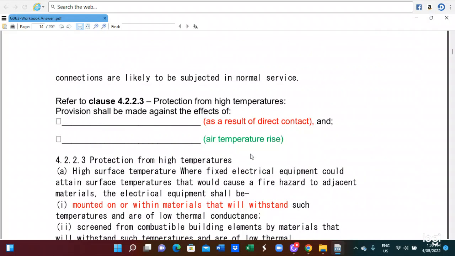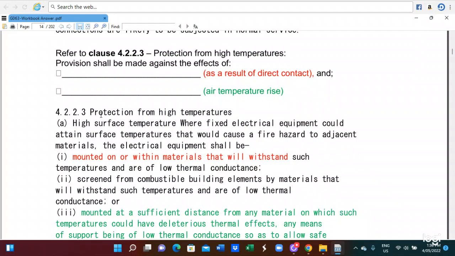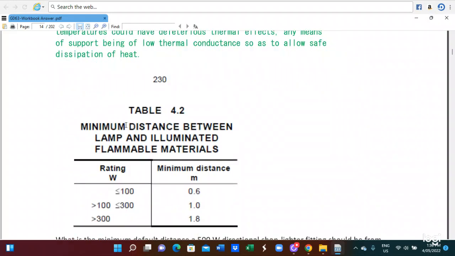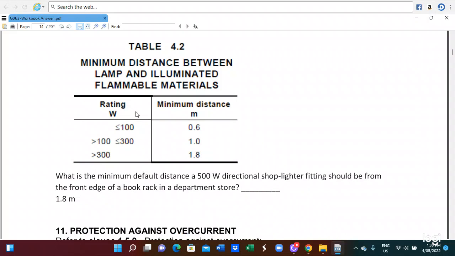Also protection from high temperature. You read this protection from high temperature. So this is the definition of protection against high temperature. 4.2.2.3 is protection from high temperature. Also the minimum distance between a lead and flammable material, you can see the data in table 4.2 of the AS/NZS 3000 rule. So this is the rating and the minimum distance.